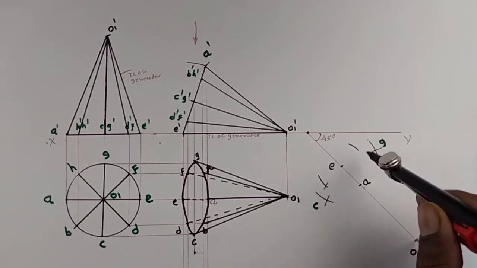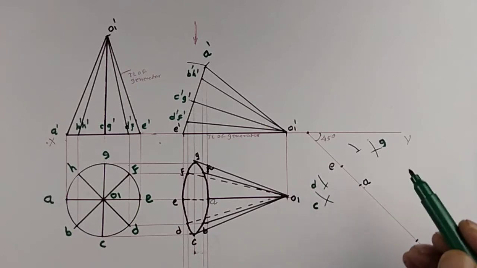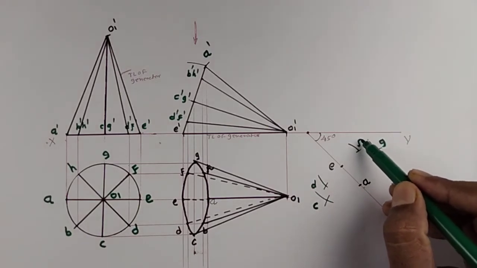You can do the arc on both sides. This is your D, this is your F.